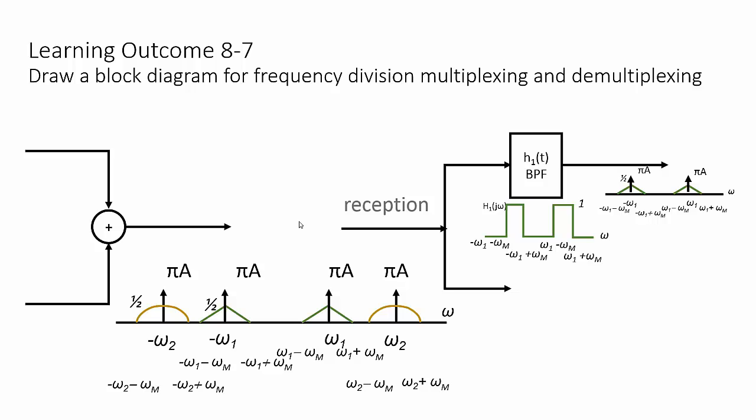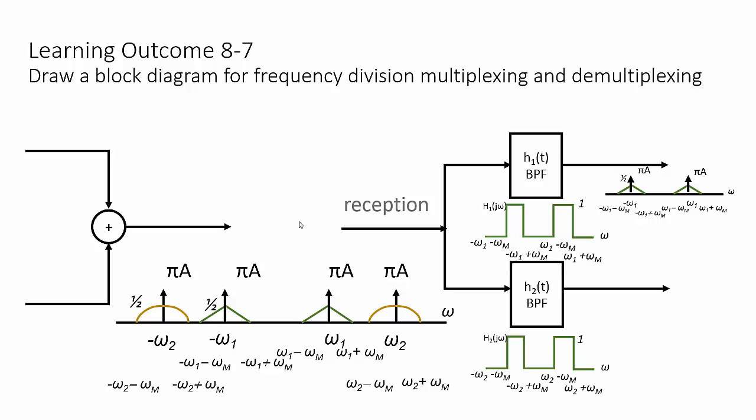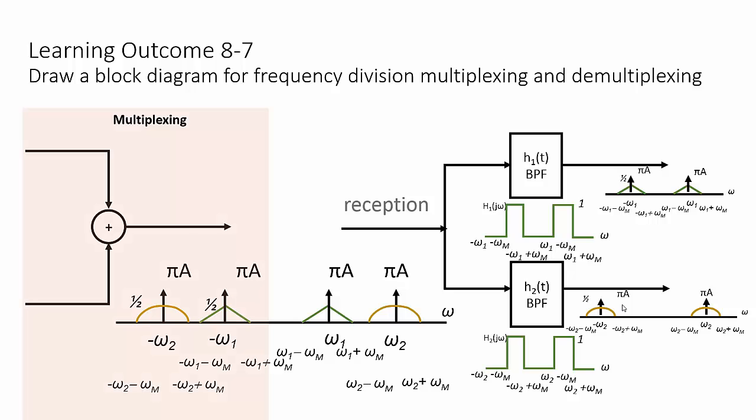And somebody else, or if you're listening to a different channel at a different time, will use a different band-pass filter to extract the other signal. These are then processed the way we've discussed in previous videos to do the demodulation. This part of the process we call multiplexing, putting multiple signals within a given frequency band. This part of the process is what we call demultiplexing, separating everything back out.